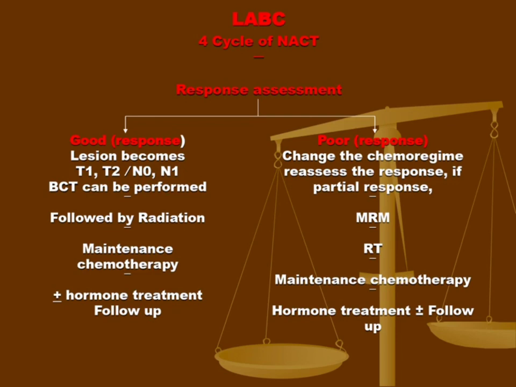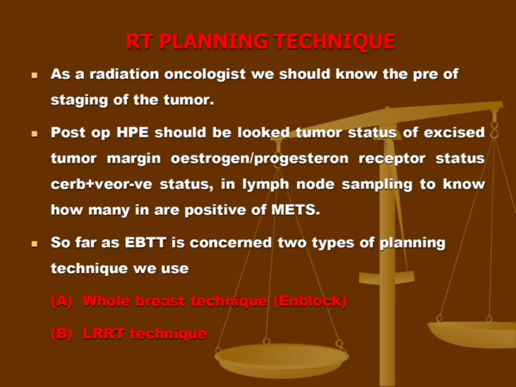For locally advanced breast cancer, the typical recommendation according to receptor status is 4 cycles of neoadjuvant chemotherapy, also called induction chemotherapy, and then a response assessment. If there is a good response, go for surgery followed by radiotherapy, then the leftover cycles of chemotherapy, followed by hormone treatment according to ER/PR status.